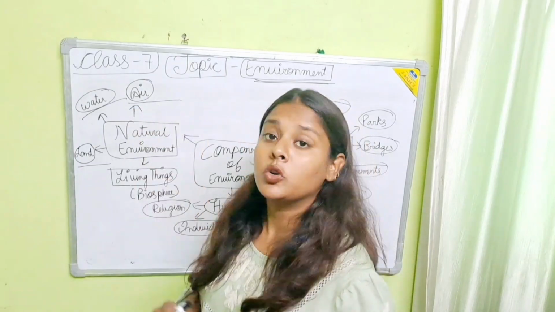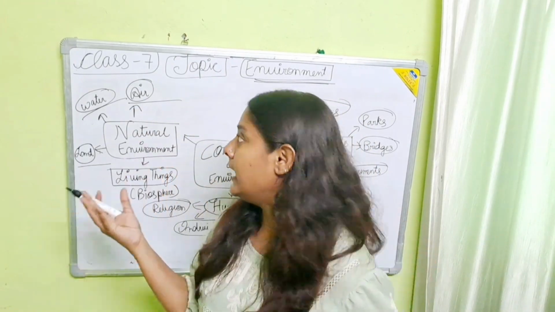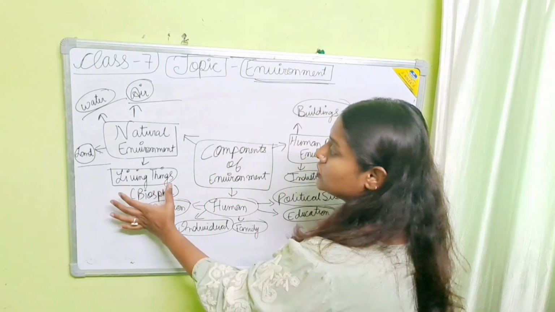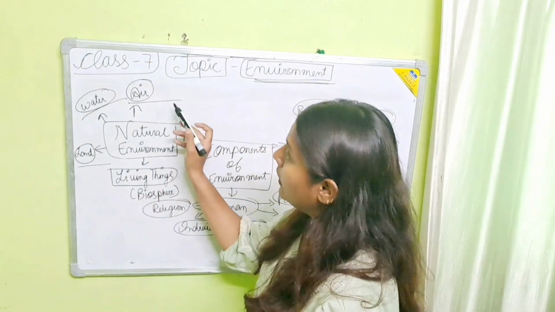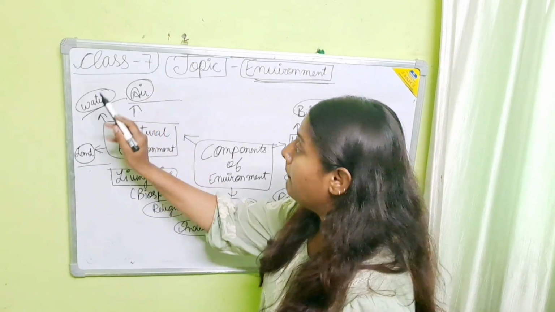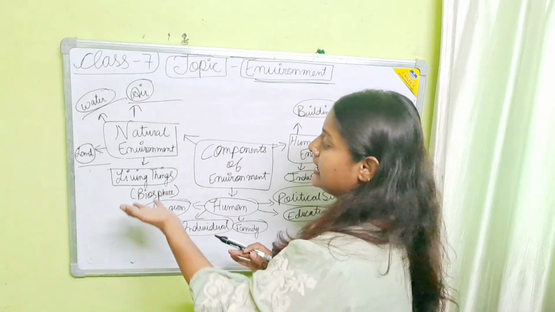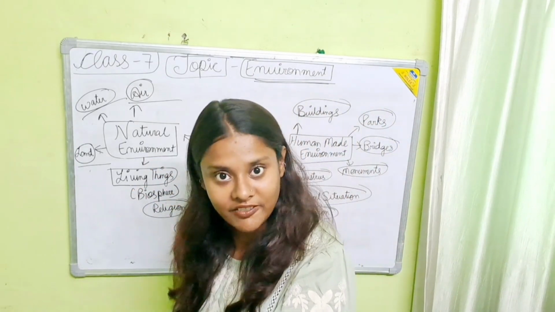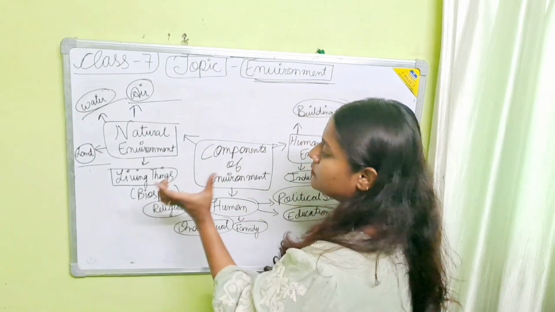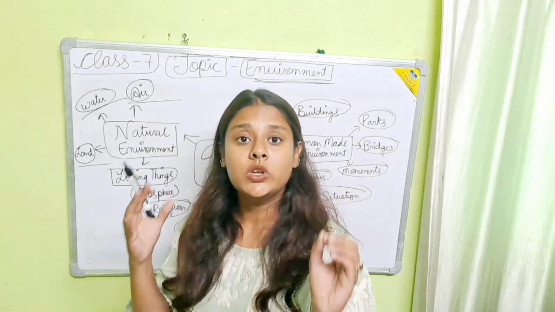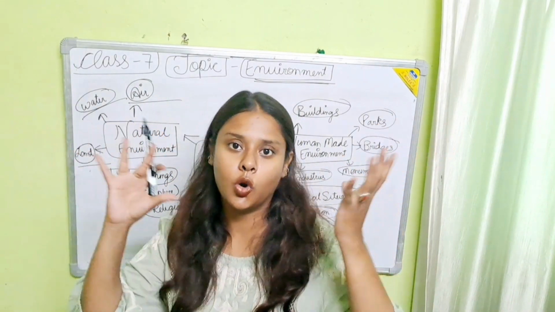Air is the atmosphere. And the living thing is known as biosphere. When land, water and air meet at one point, it becomes a condition suitable for living, that is known as biosphere. This is our natural environment which is given to us by God.